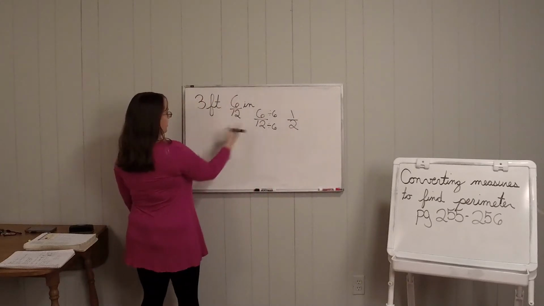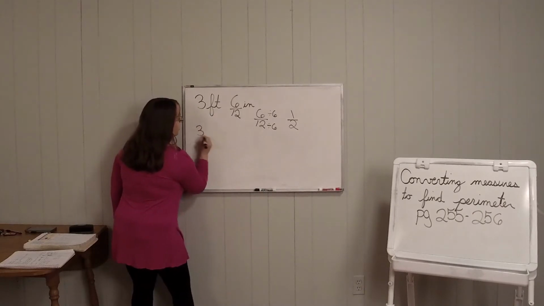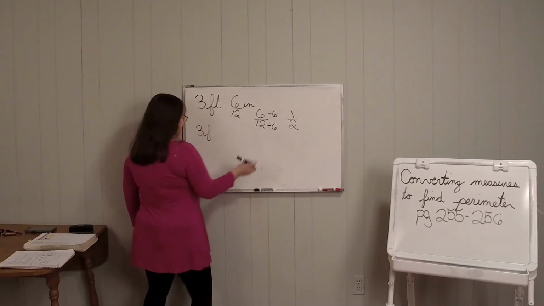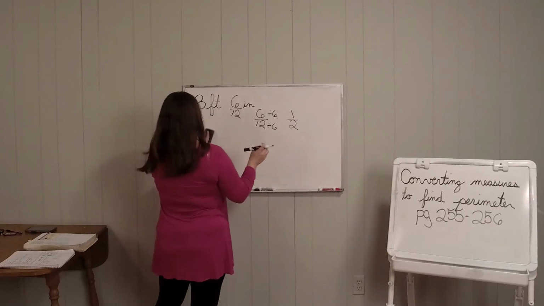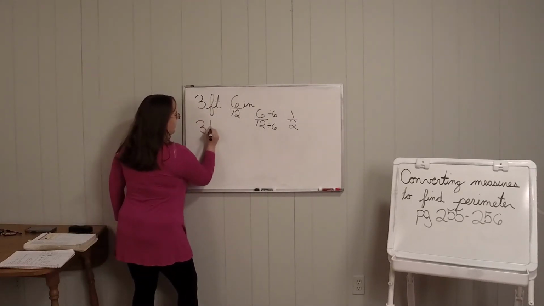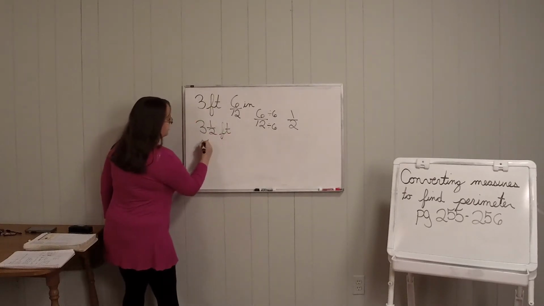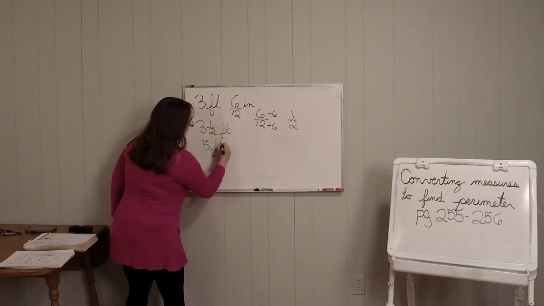So then 3 feet 6 inches actually equals 3.5 feet. And the other measurement is 5 feet.